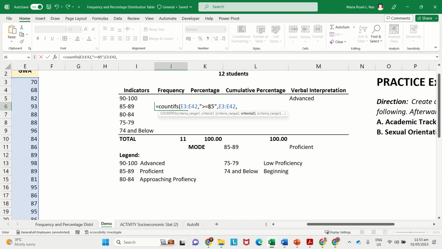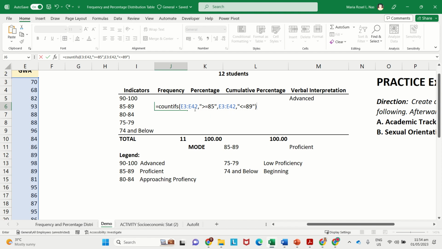And then our second criteria or condition is that the grades must be less than or equal to 89. If the cell contains a value that is less than or equal to 89, then we also need to count those cells.